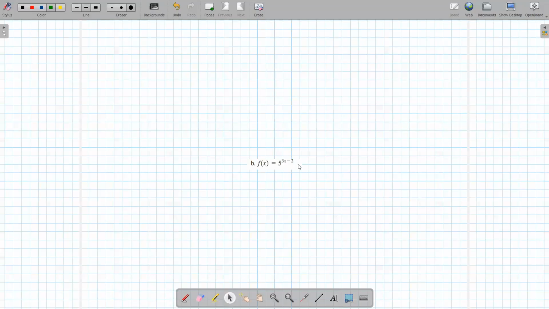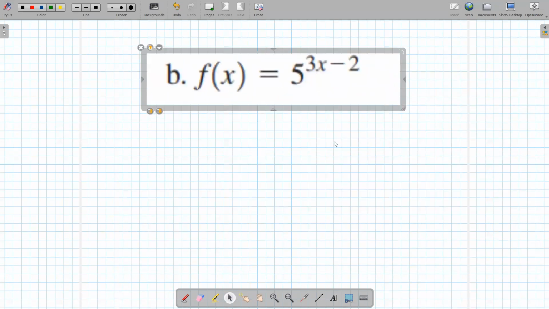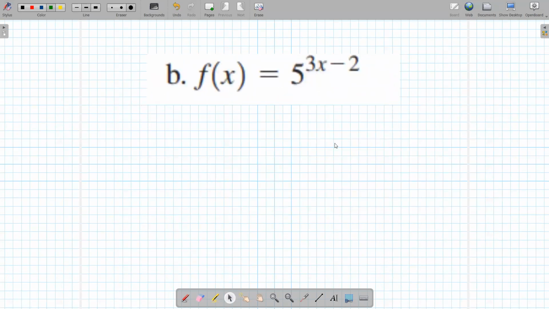Using what we just learned, the formula, what's going to be the derivative of this? First, you write itself. That is correct. Then times 3. Times 3 is right.